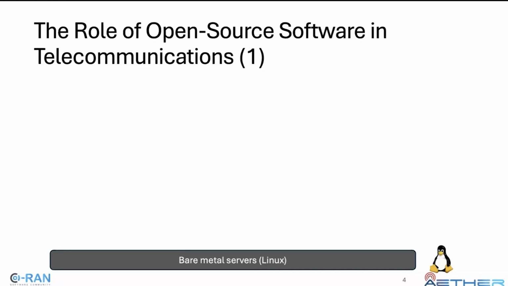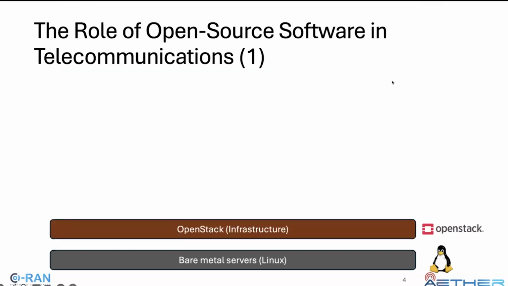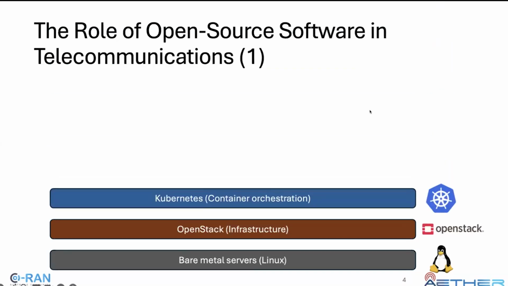Afterwards, I will give some examples of other open source projects which are relevant in this space. Then we can put OpenStack on top, which provides the infrastructure for NFV and supports the deployment of virtualized network functions. And of course, on top of that, we can add Kubernetes, which is an orchestrator that manages containerized network functions and supports the microservices architecture in telecom networks.